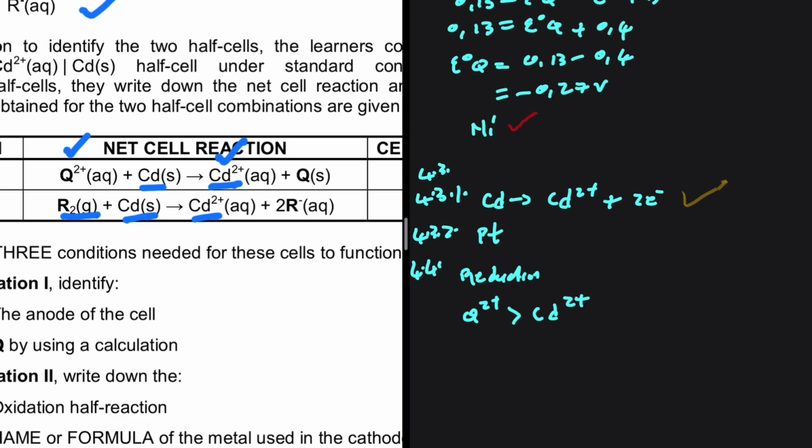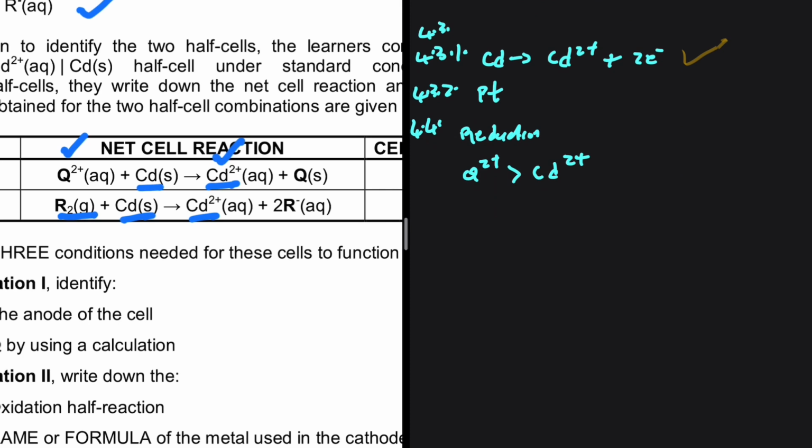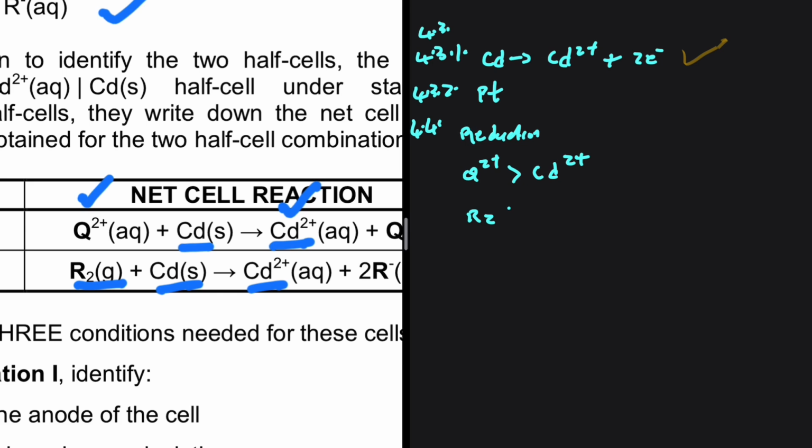If you look at our second combination, we can come to the conclusion that R2 is a stronger oxidizing agent compared to Cd 2 plus because it also undergoes reduction. The only thing that we now have to figure out is which one is a stronger oxidizing agent between Q 2 plus and R2. With cadmium, Q 2 plus and R2 act as our cathode.